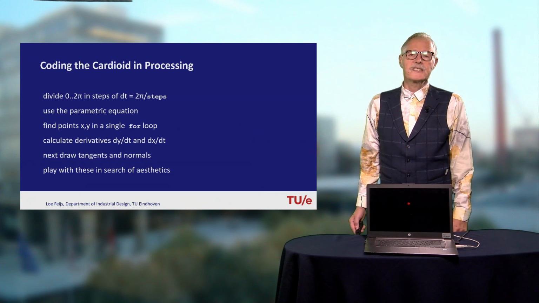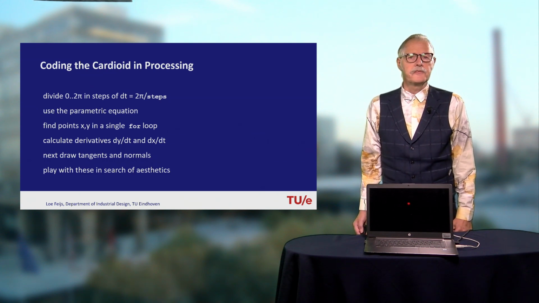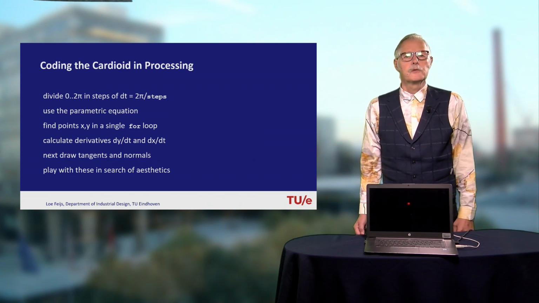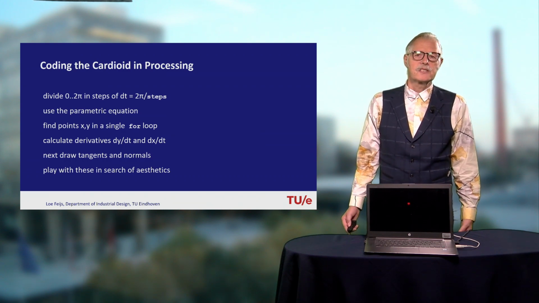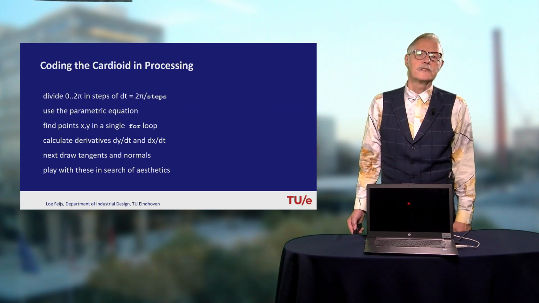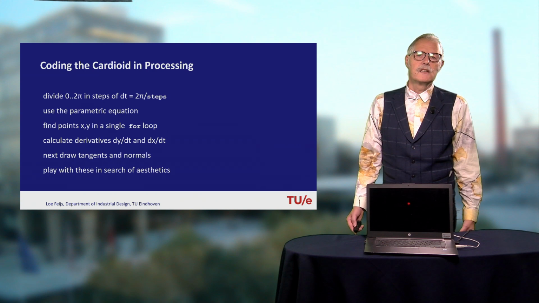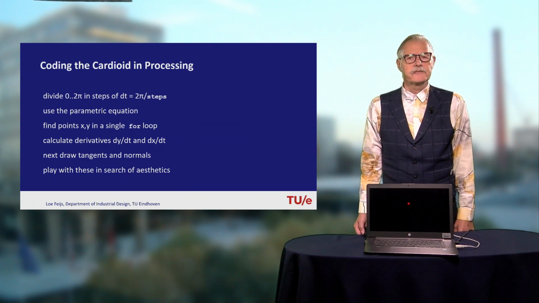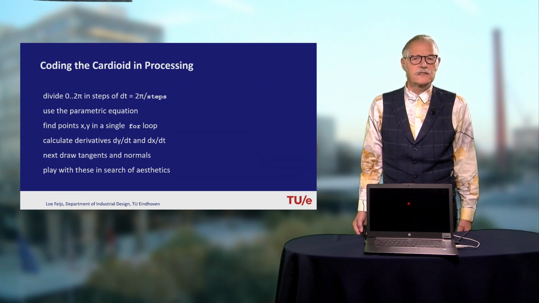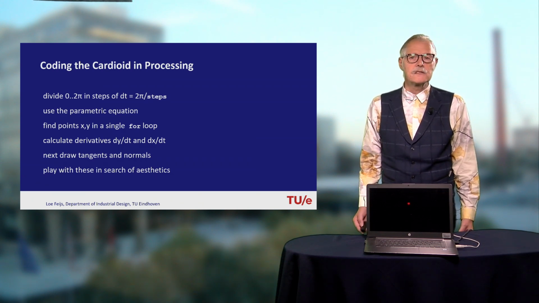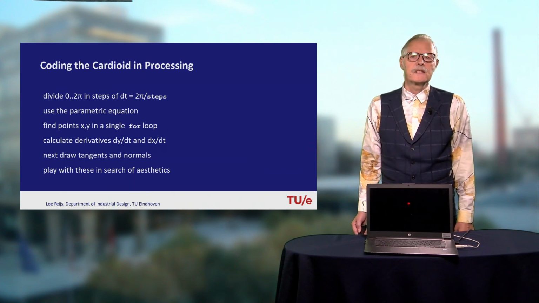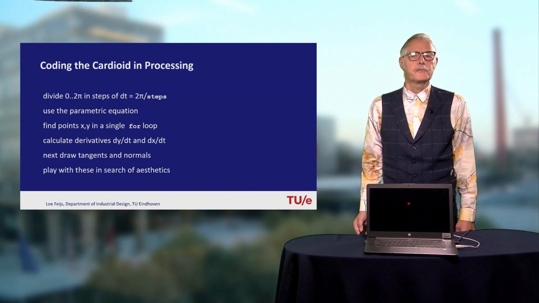We'll use the parametric equations, and then we will find the points x, y in a single for loop, incrementing the parameter t in small steps dt. We'll also calculate the derivatives, the derivative of y with respect to t and the derivative of x, and using these we can draw the tangents and the normals. And I will play with these in search of something which is aesthetically interesting and which can be made in practice.